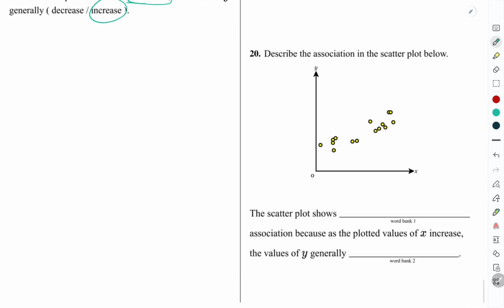Describe the association. They look like they're kind of going up. So positive linear, because the y values generally increase.